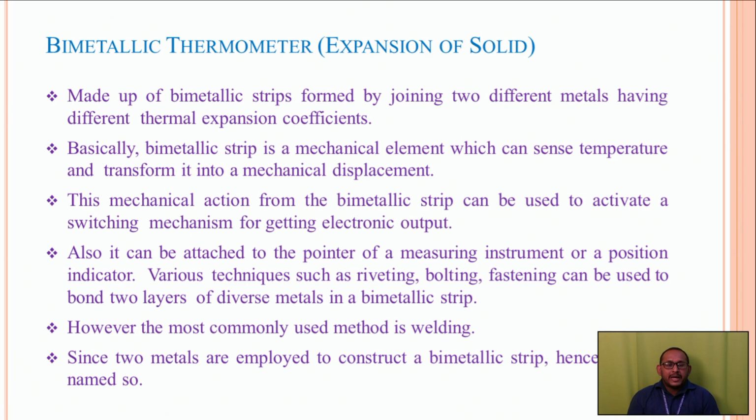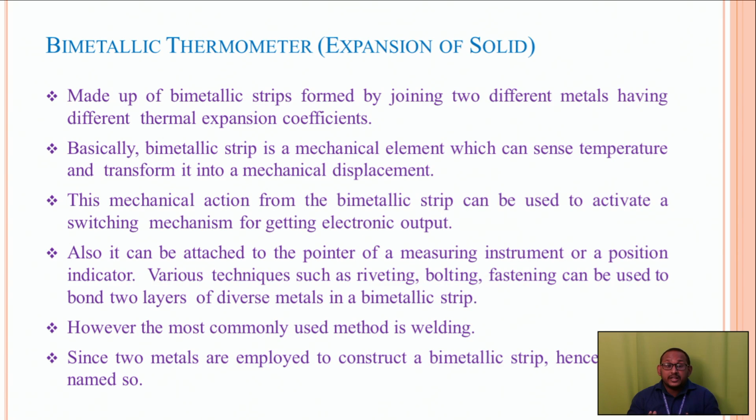The first type is the bimetallic thermometer, which deals with the expansion of solids. Bimetallic thermometers are made up of bimetallic strips, formed by joining 2 different metals having different expansion coefficients.